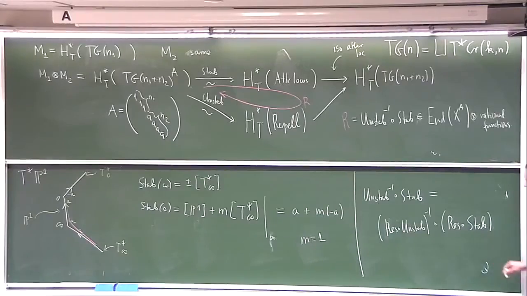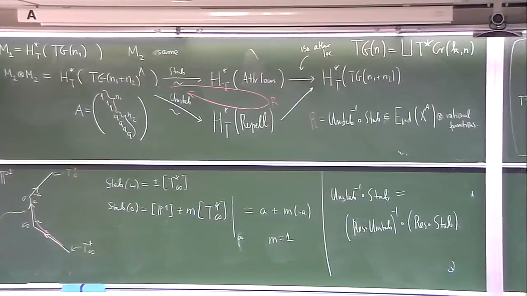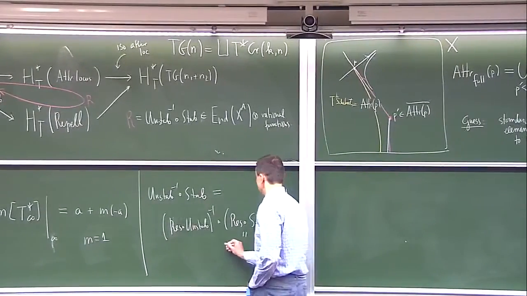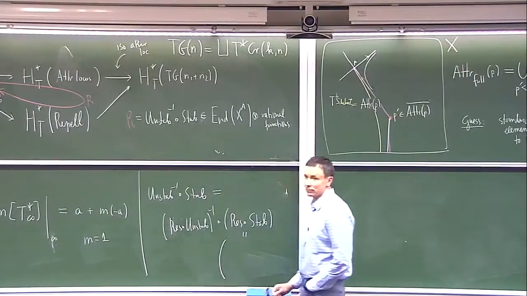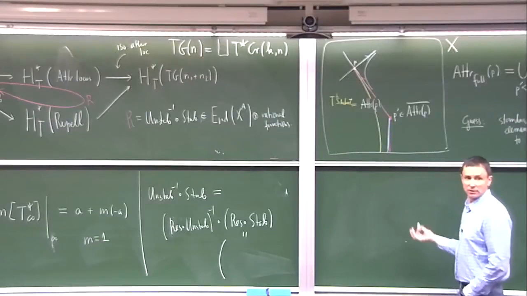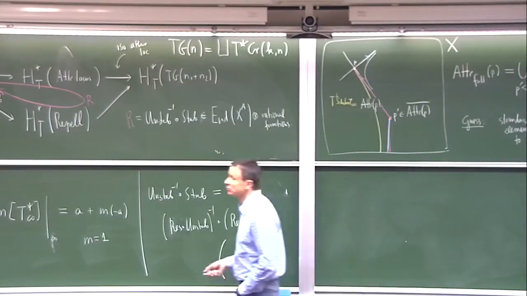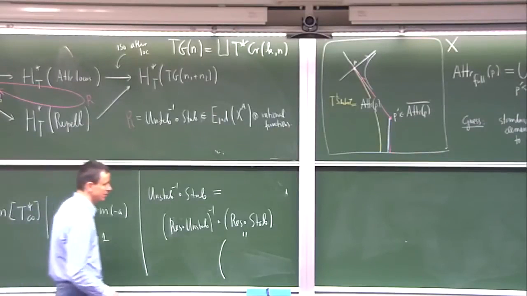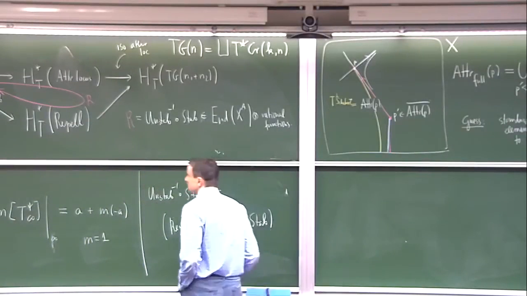So what is this matrix? Now we're doing this in full equivariant homology. In full equivariant homology, all cotangent fibers are going to pick up an extra weight, which is minus h bar by convention.